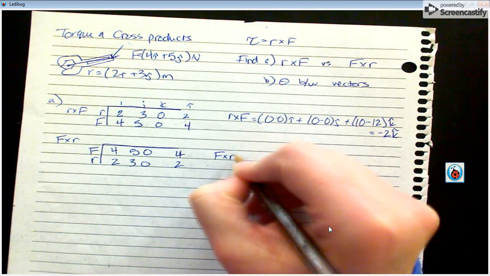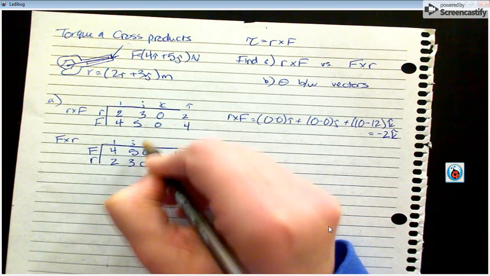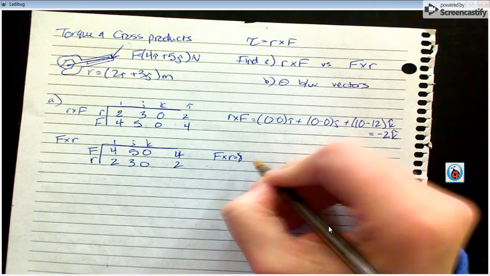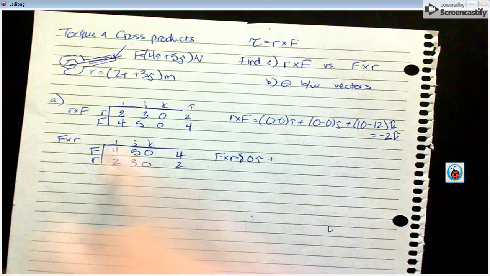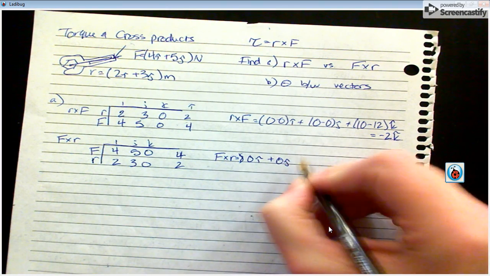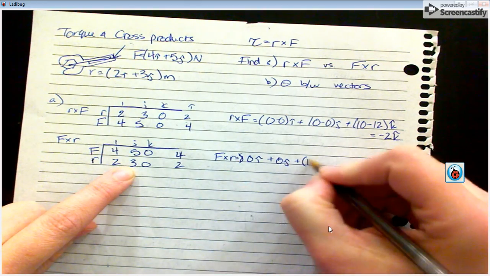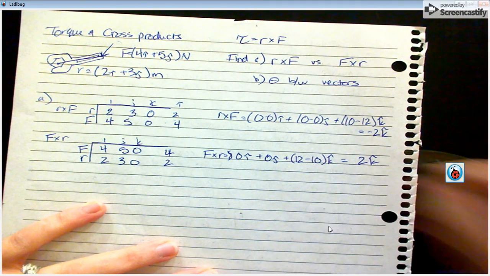So then we get still 0 in the I hat direction, still 0 in the J hat direction, and in the K hat direction, we now have 12 minus 10. Okay, so now it's positive 2 K hat.